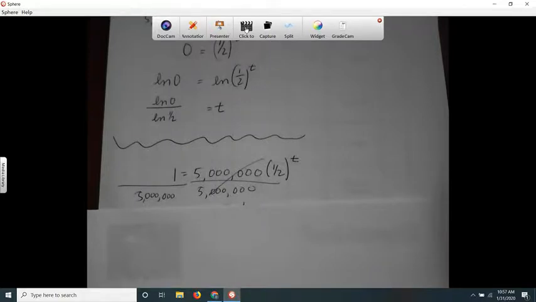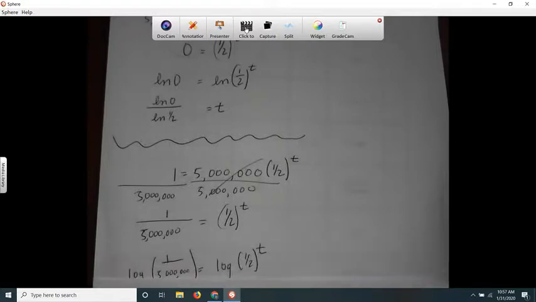So I divided both sides by 5 million, and then I saw that I have T in the exponent. So I just need to use one of the properties of logarithms. I can either take the natural log or a log base 10 of both sides. This time I decided to take log base 10. It doesn't matter which one you use.